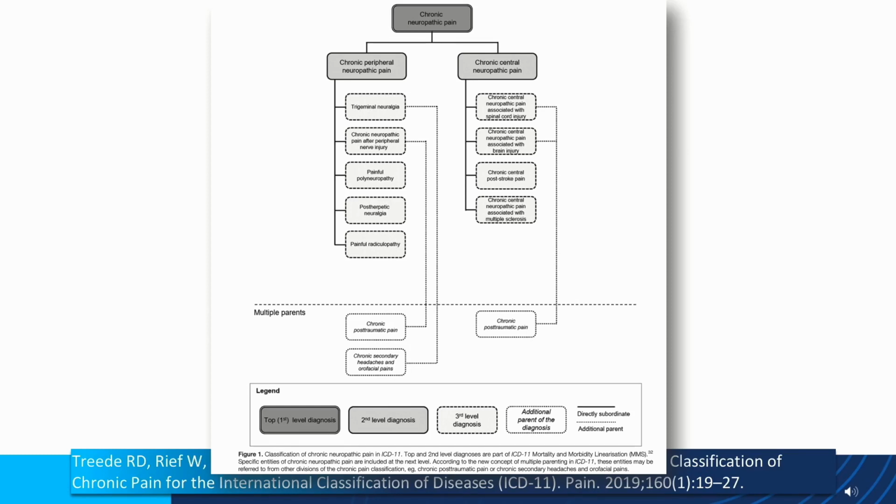Anything that leads to peripheral nerve injury, anything that leads to painful polyneuropathy, postherpetic neuralgia is a very important one, and of course painful radiculopathy, which generally is caused by some form of disc prolapse. And then you've got chronic central neuropathic pain, and this is one that we all tend to forget about, pain after a stroke, pain after some form of neurological injury to the central nervous system. And of course that includes multiple sclerosis.